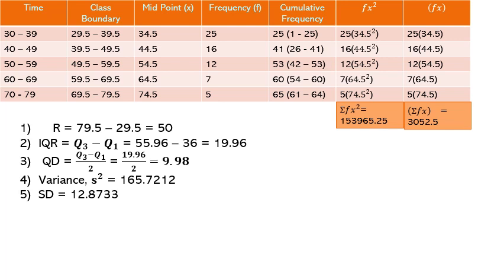The range is the highest upper boundary minus the lowest lower boundary. So 79.5 minus 29.5, we got 50.